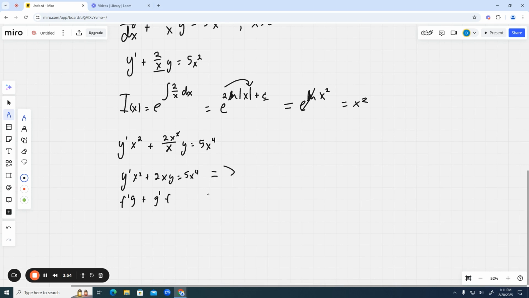So this equation is going to be equal to taking the integral of both sides with respect to x, which is the derivative with respect to x of these two functions, y times x squared, dx, equal to the integral of 5x to the 4th dx.